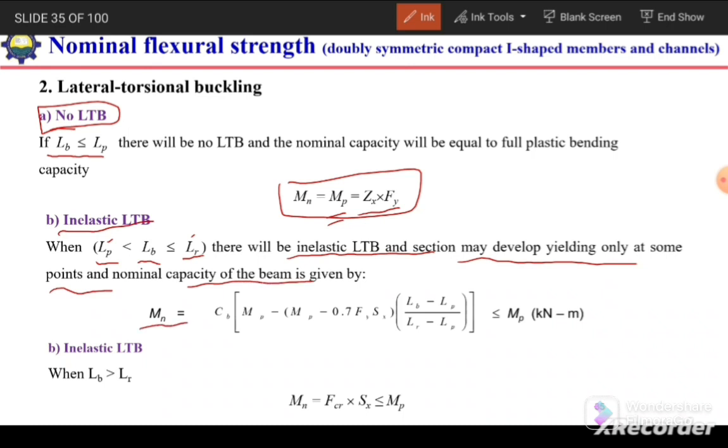In the case of inelastic lateral torsional buckling, there will be lateral torsional buckling, but before that buckling, the section can yield at some points. In that case, the nominal capacity can be calculated by using this expression.